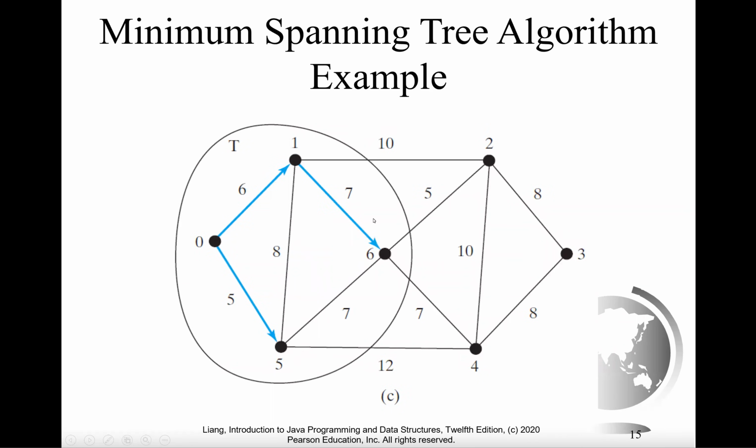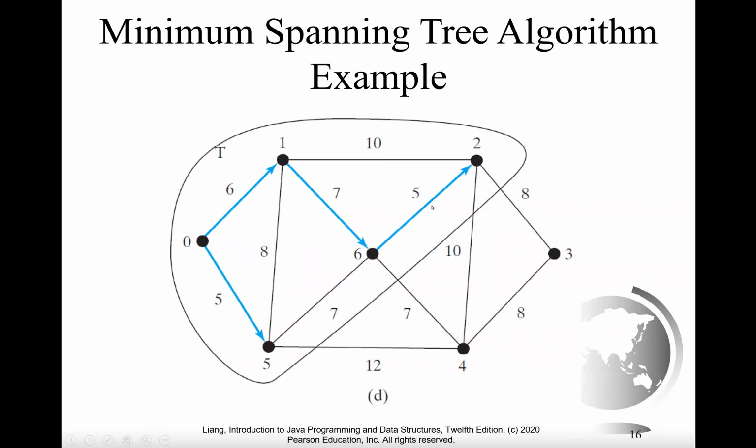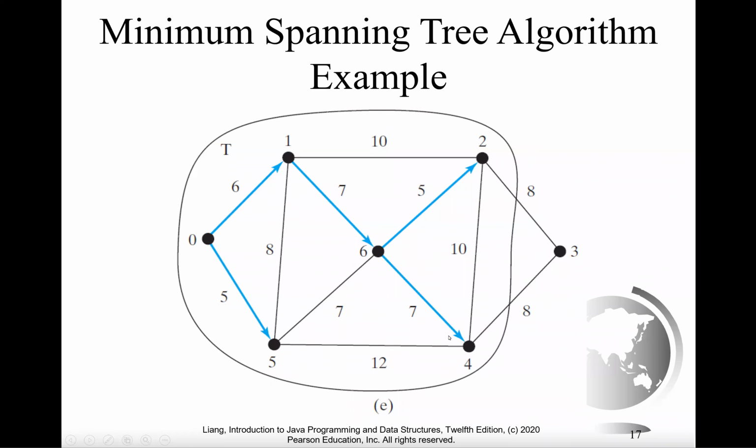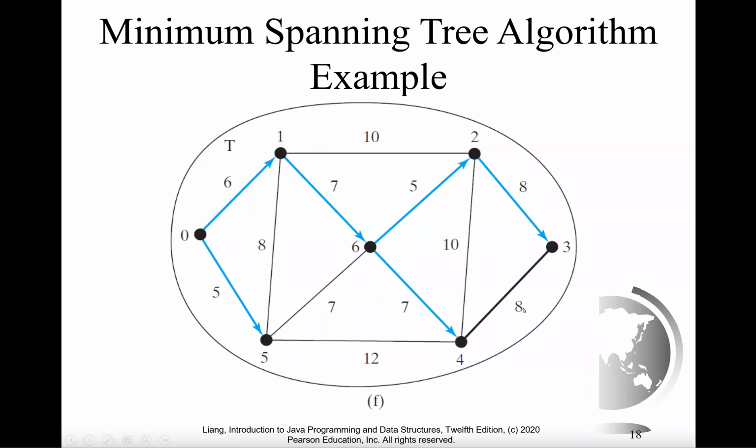All right, and now after this, 10, 5, 7, 12, so 5. I'm going to pick 5. And then 8, 7, 12, so we have to pick 7. And then after that, you can have 8, either this edge or this edge. And that is all the edges in the minimum spanning tree.